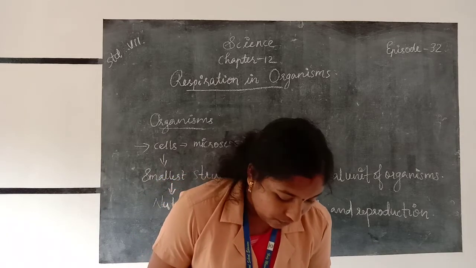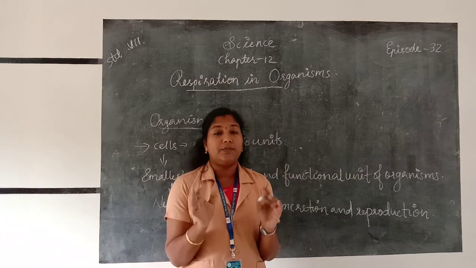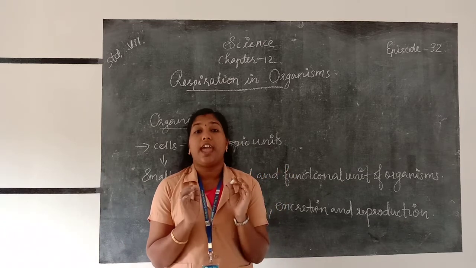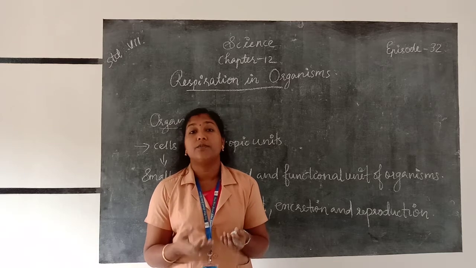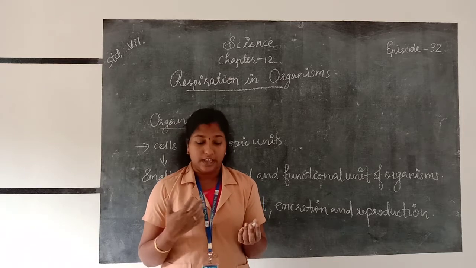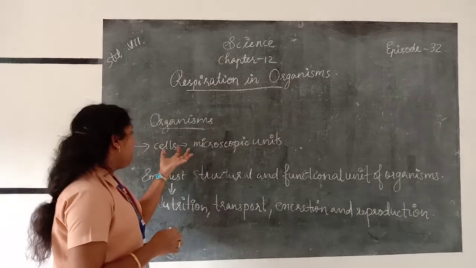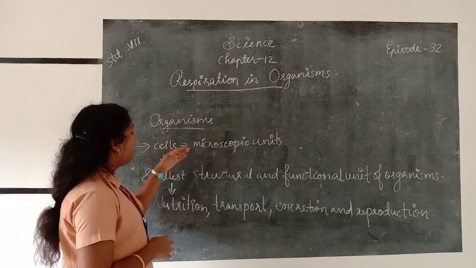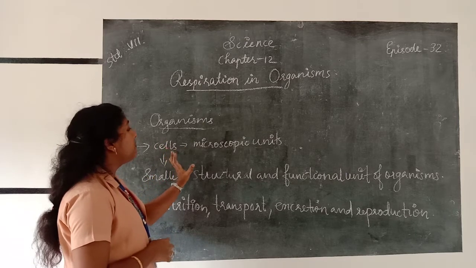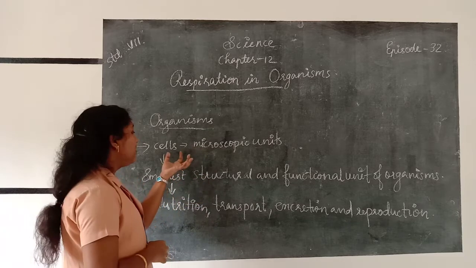All living organisms need air rich in oxygen for respiration. And also we know that the bodies of all living organisms, including human beings, are made of microscopic units called cells.